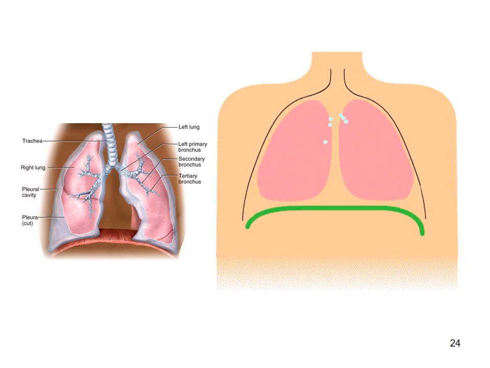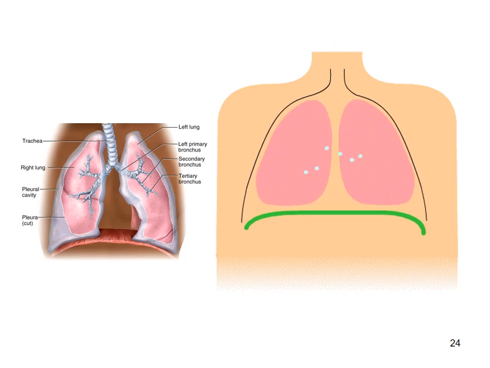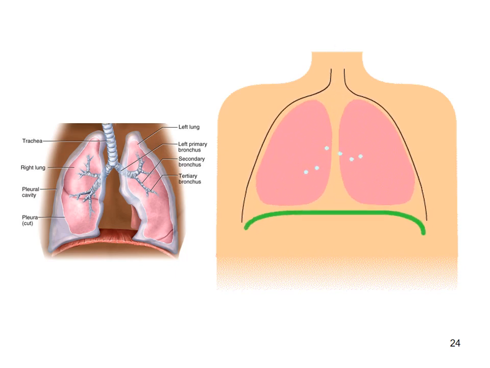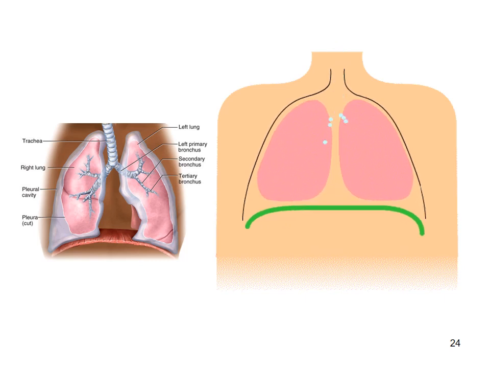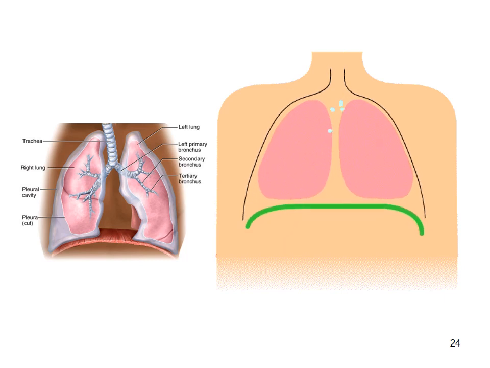What we see happening is when the diaphragm contracts, it lowers, so it actually falls down. And when it falls down, look what it does to the size of the lungs. It allows the lungs to extend. And when the lungs extend, it lowers their pressure point, making it easier for air to flow in.